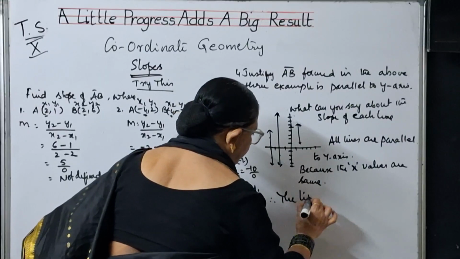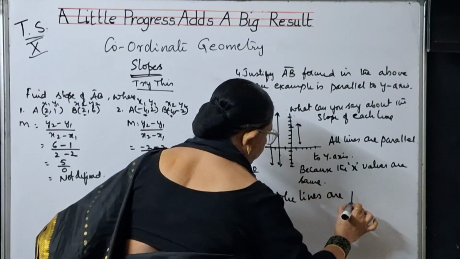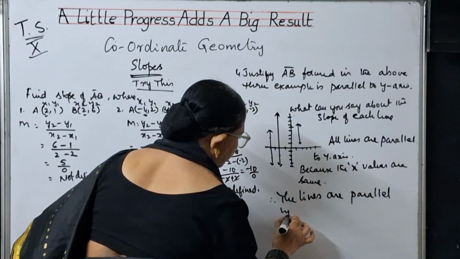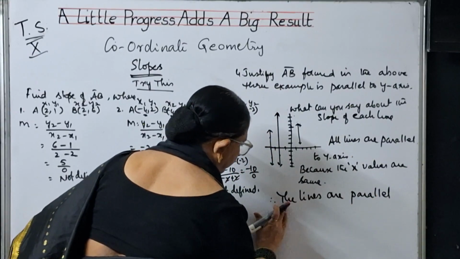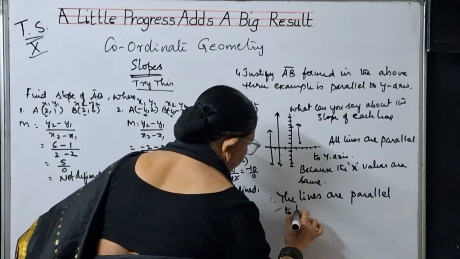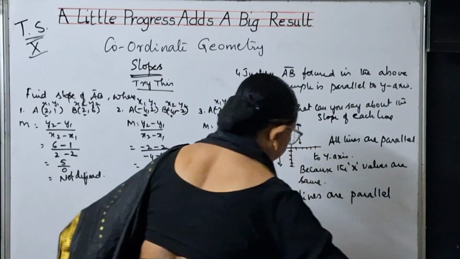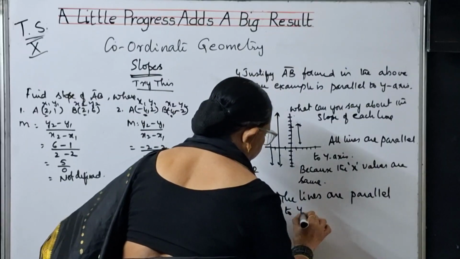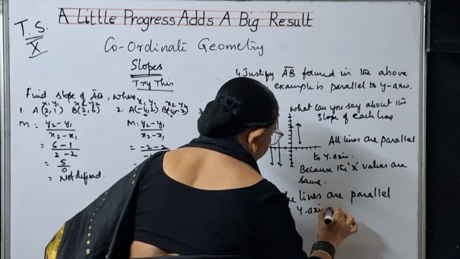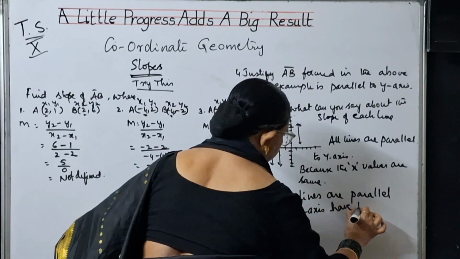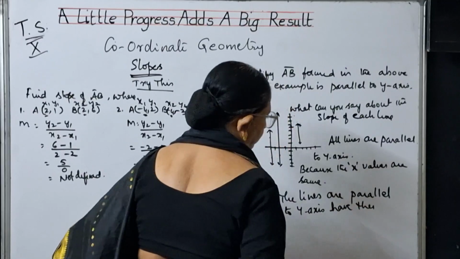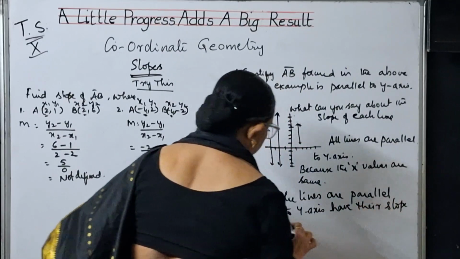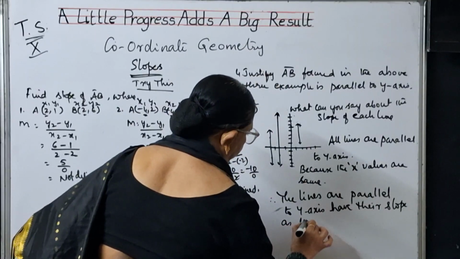Therefore, the lines parallel to y-axis have their slope as undefined.